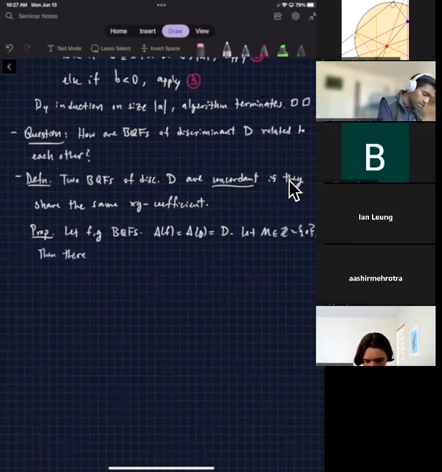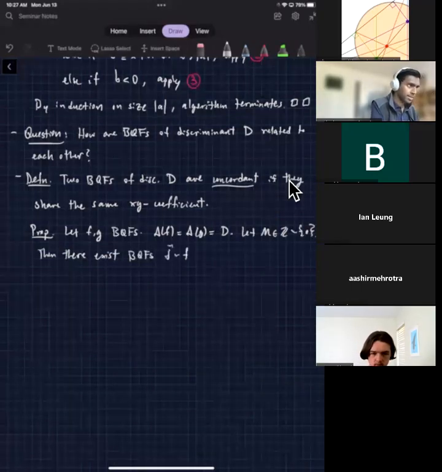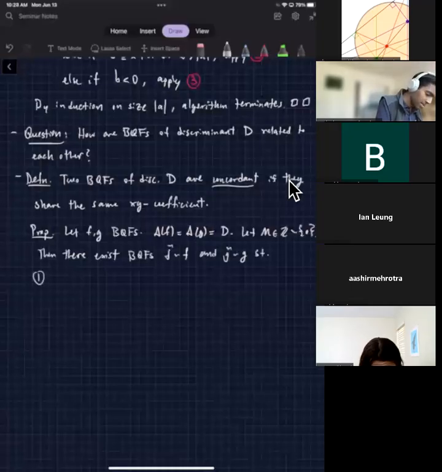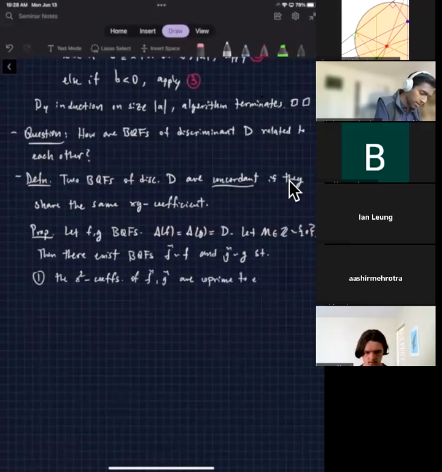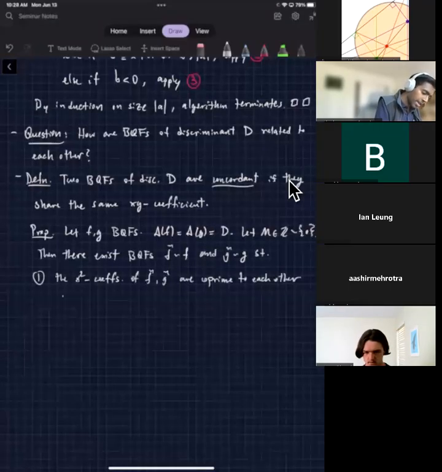Then there exist BQFs F tilde equivalent to F and G tilde equivalent to G, such that the first point is that the x squared coefficients of F tilde and G tilde are coprime to each other and also coprime to the number M that we chose.